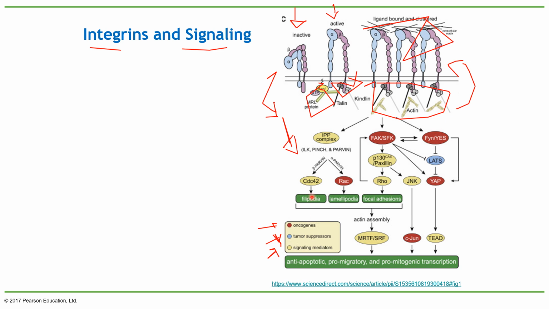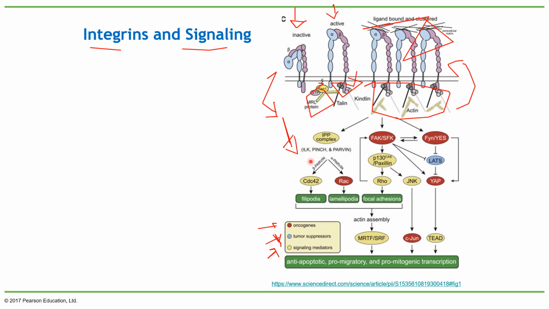We talked last time about this pathway with this molecule that is a small GTPase, Rho. Here they do it through, and I show you that these two are linker proteins attached to the integrins and the cytoskeleton.